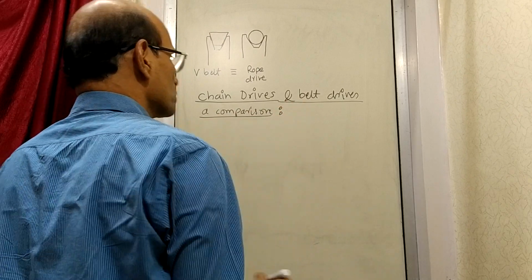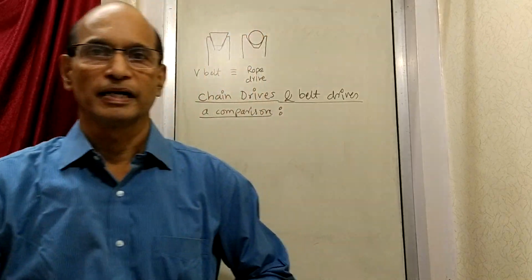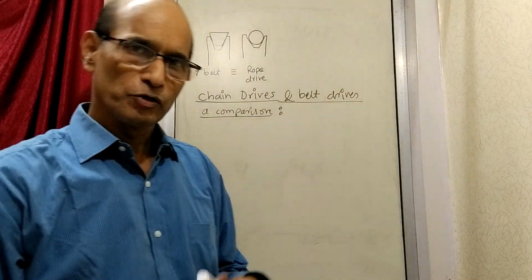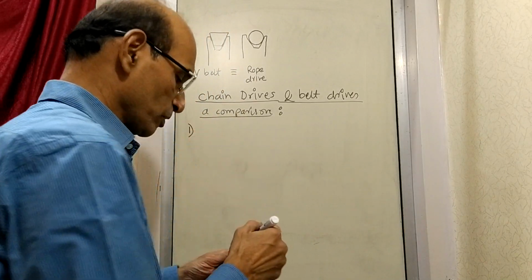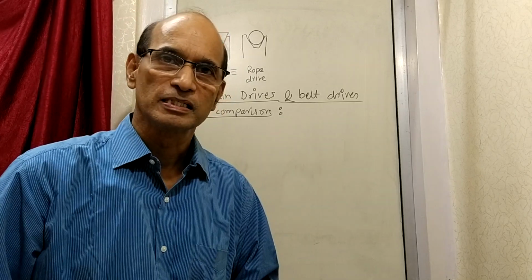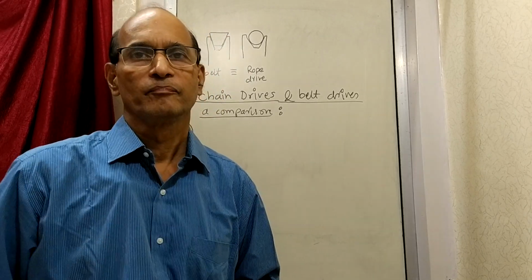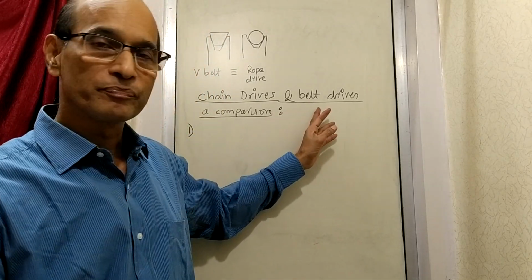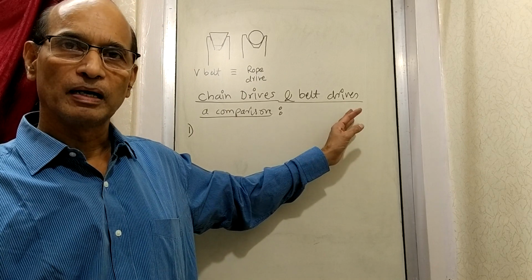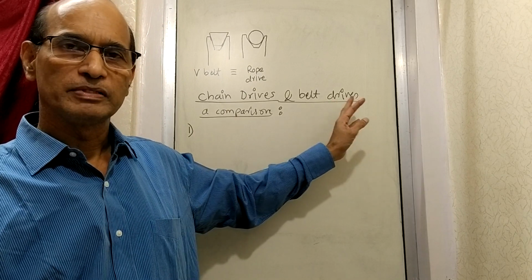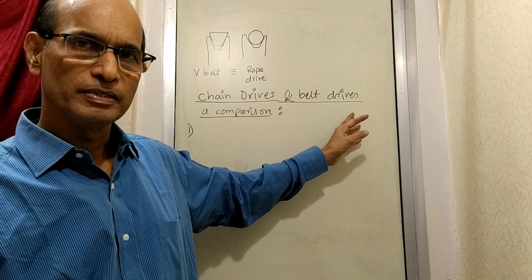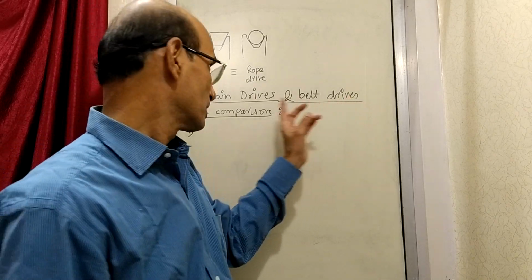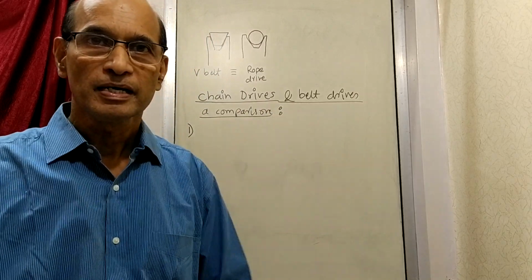So let us compare these two, and in the process we understand what it is. You can jot down some of the things. I'll just go on dictating and explaining at the same time. So the first point of comparison is, you can write down, I'll dictate. Belt drive is a flexible drive, whereas chain drive is a rigid drive.